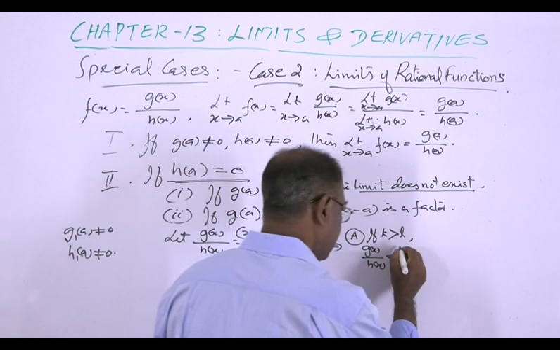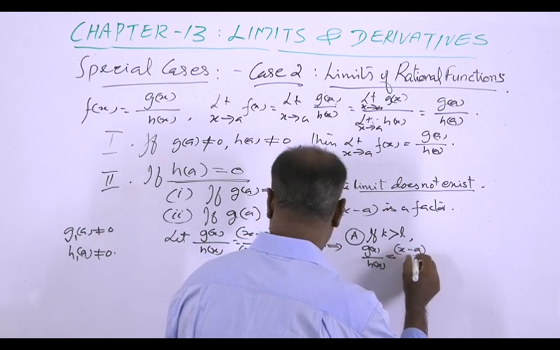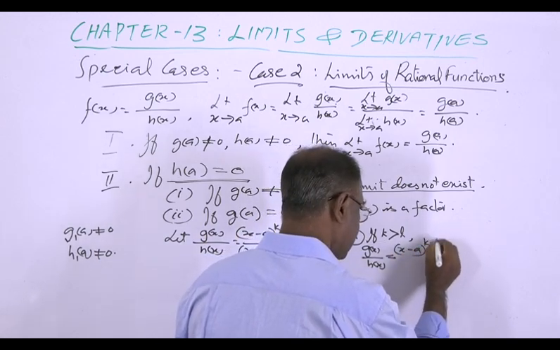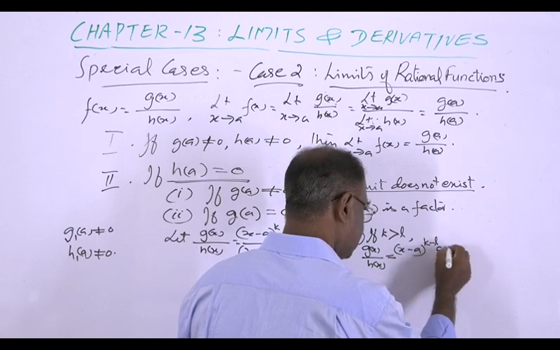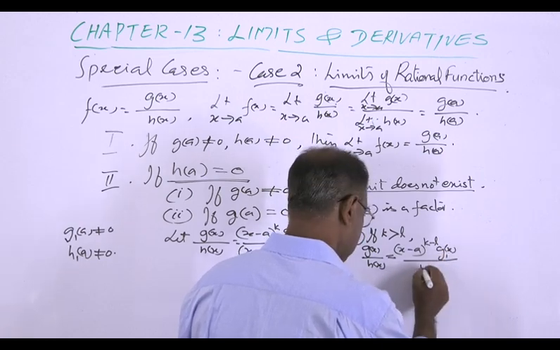This becomes x minus a all raised to k minus l into g1(x) divided by h1(x).